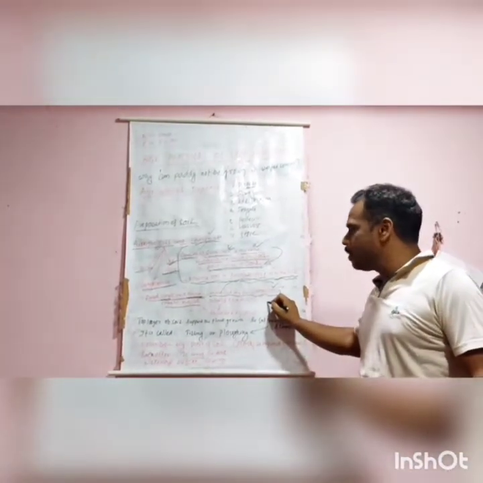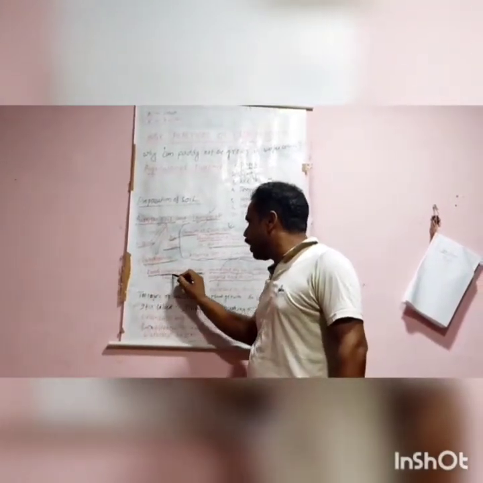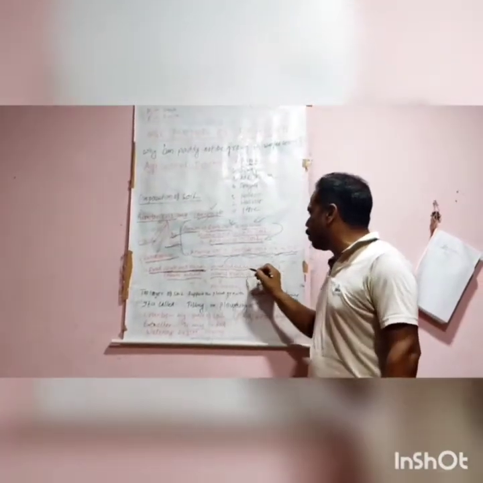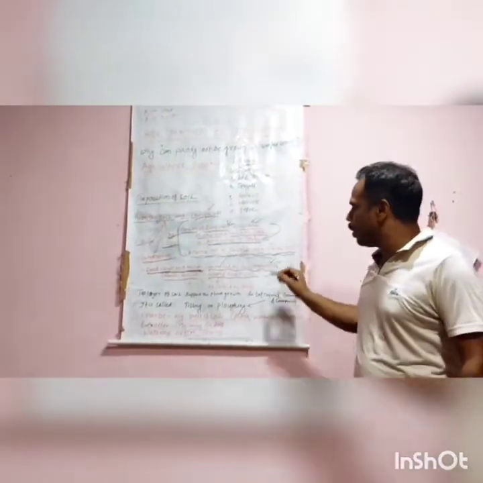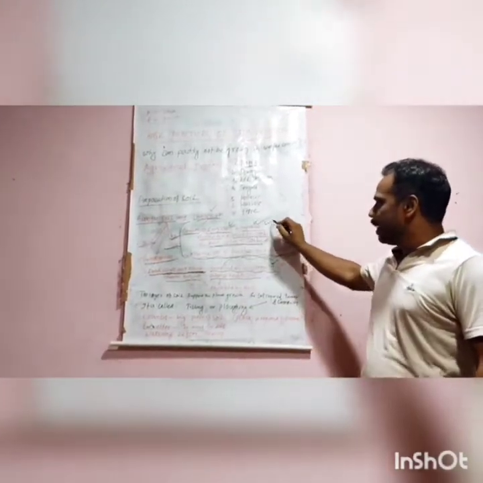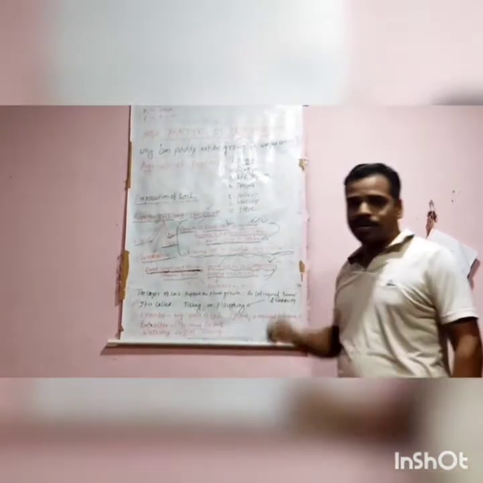The soil contains dead plants and animals which need to be decomposed by soil organisms, so soil organisms like earthworms and microbes decompose these dead plants and animals.